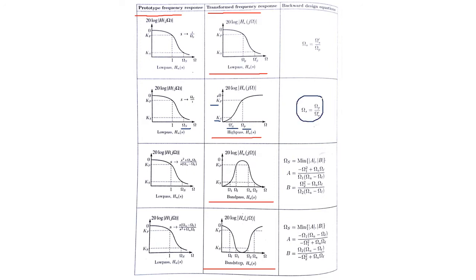That is omega s equal to omega p divided by omega s dash. Here this omega s is stop band frequency of normalized low pass filter, omega p is passband frequency of high pass filter and omega s dash is stop band frequency of high pass filter. With the help of this formula, calculate omega s.